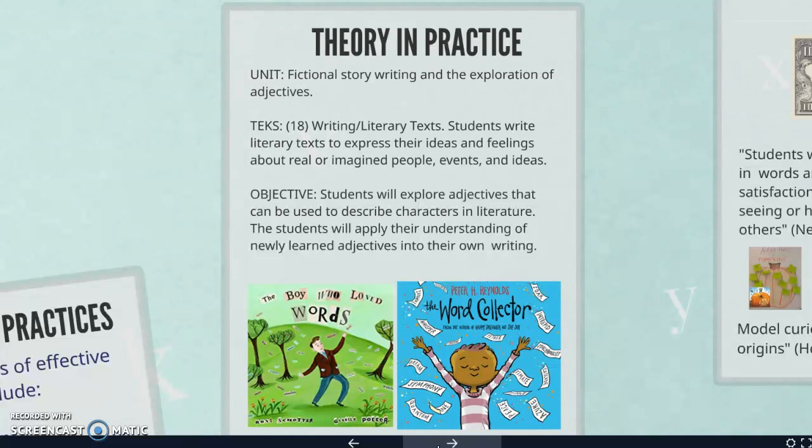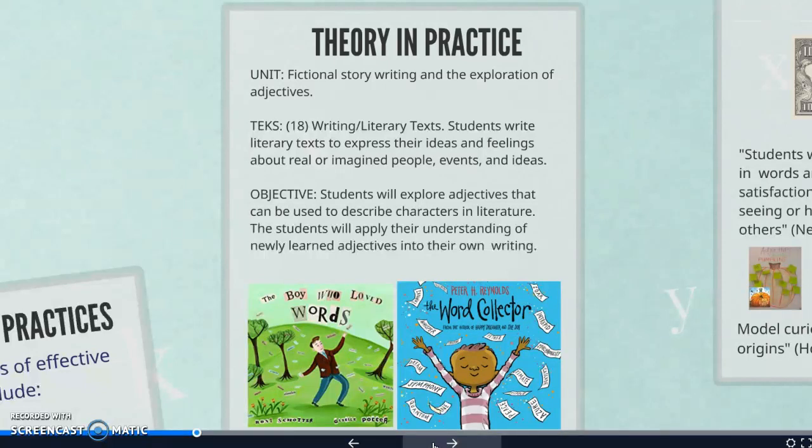So the goal was to get students to notice interesting adjectives in mentor texts, to collect those words in a word bank or in a million-dollar word book, which I'll refer to later, and to develop an appreciation for interesting words. So the focus was to build word consciousness and to get my first graders thinking about interesting words.